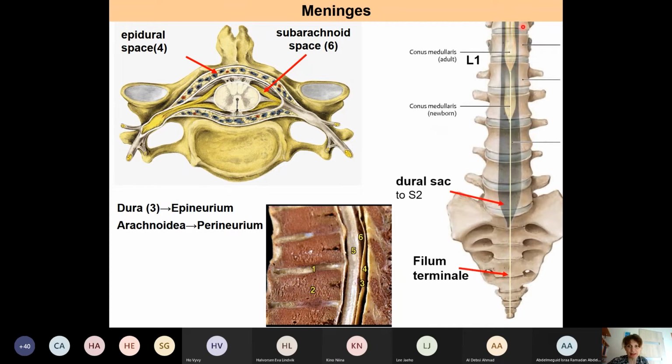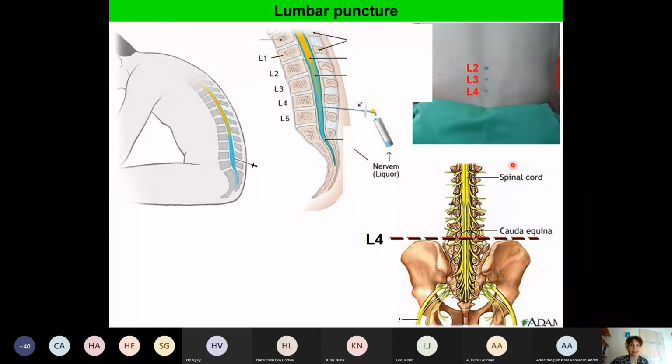This picture shows that the dural sac extends as far as the second sacral vertebra, but in the lower part we do not have the spinal cord anymore, only these nerve root bundles. And here, in the lower part of the dural sac, we usually do the lumbar puncture. This is an intervention to take a sample of the cerebrospinal fluid for diagnostic purposes.